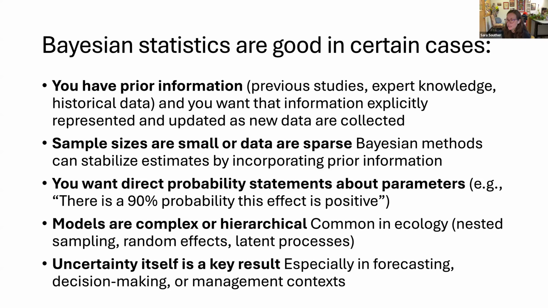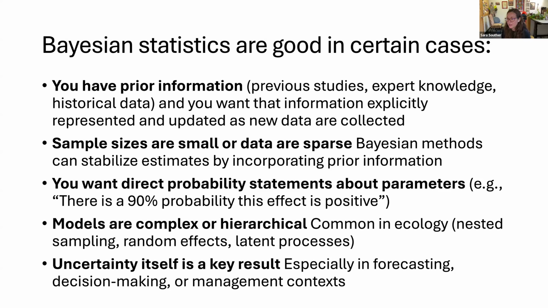Second, when your sample sizes are too small or your data are really sparse, the prior information can stabilize your estimates in ways that frequentist methods sometimes can't. Third, Bayesian statistics allows you to make direct probability statements about your parameters. In other words, you can say things like, there's a 90% probability that this effect is positive, which is actually a really intuitive way to communicate results.